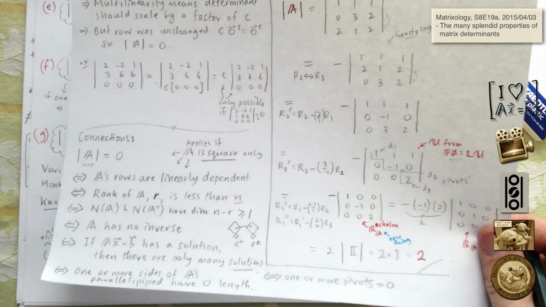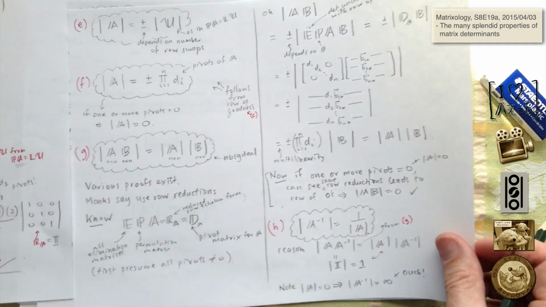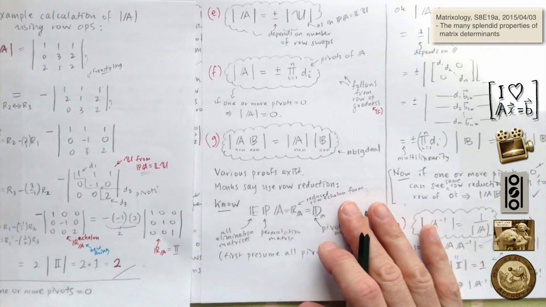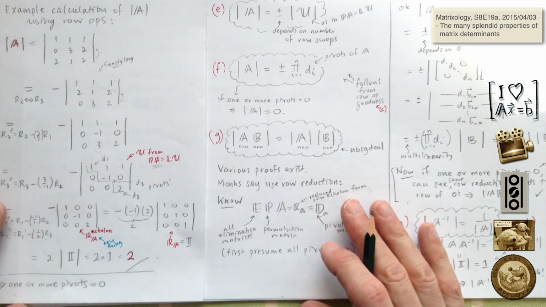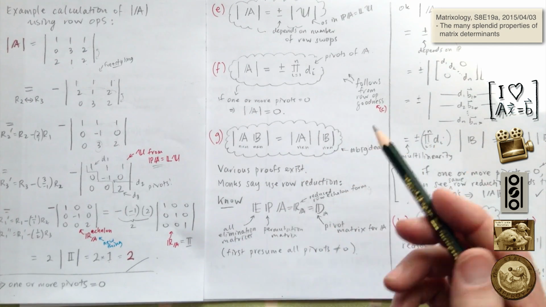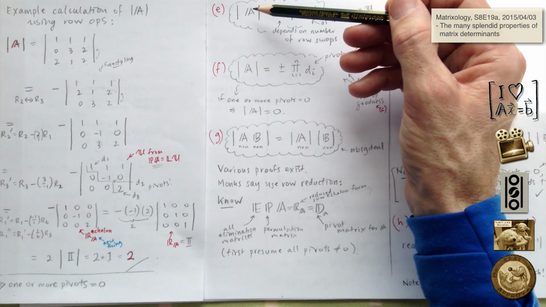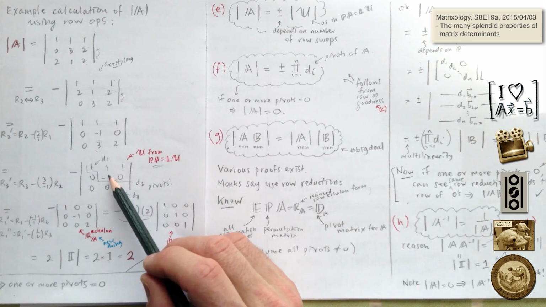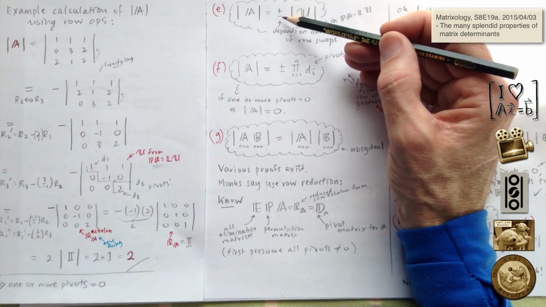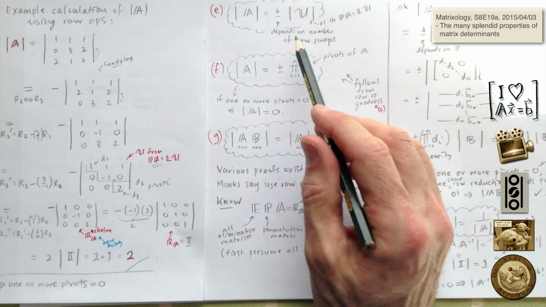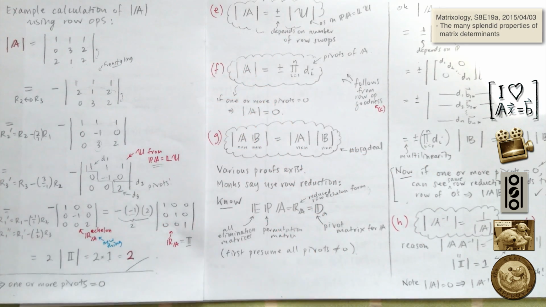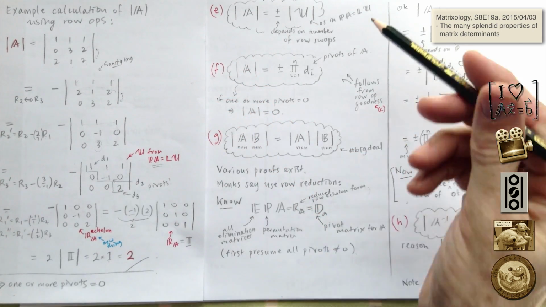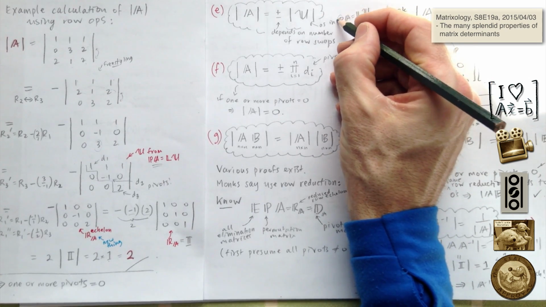All right, so a couple of things that appeared there that we can immediately write down as results is that the determinant of A, right here, we got the U here, it's going to be the determinant of U with a plus or minus sign out the front. And that depends on the number of row swaps that have occurred in getting to U. And the row swaps we've encoded in here.